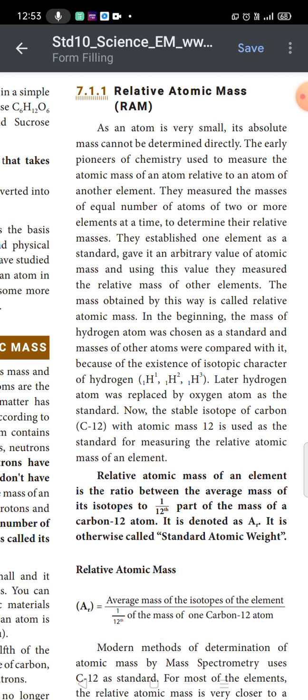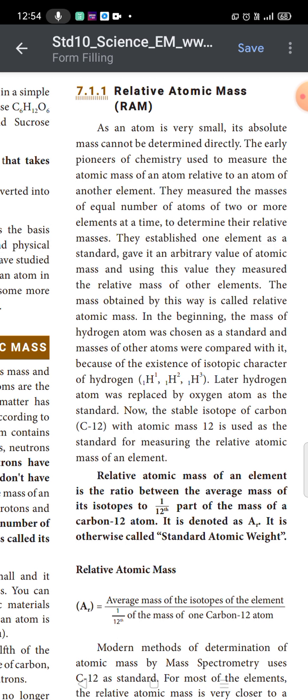They measured the masses of equal numbers of atoms of two or more elements at a time to determine their relative masses. For example, first they took the hydrogen scale. Hydrogen was kept as the standard and they found the other elements' masses.